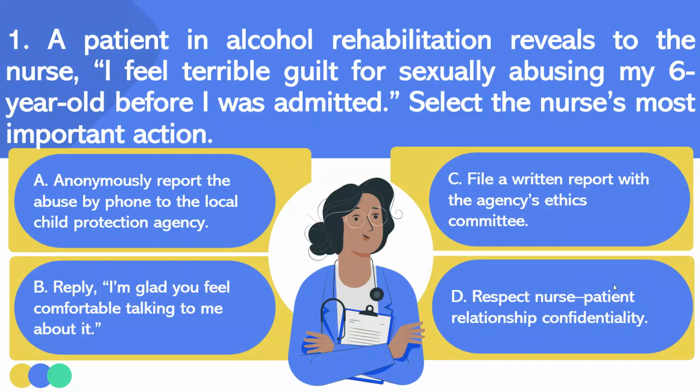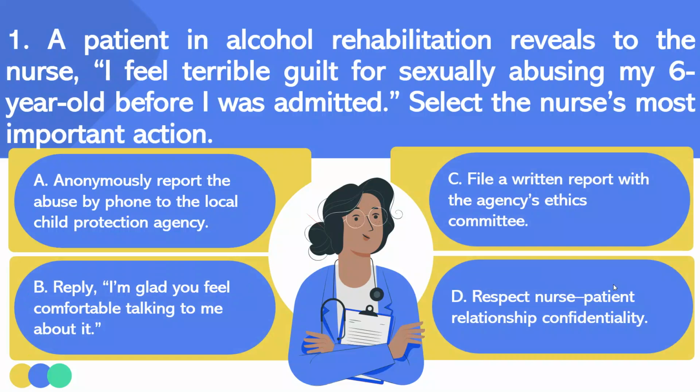Of course, we know that this is actually a legal issue. So the most significant intervention that the nurse should do is to make sure that you protect the anonymity and confidentiality of the information. Therefore, we should be mindful that we're going to uphold the patient's right to anonymity before confidentiality.